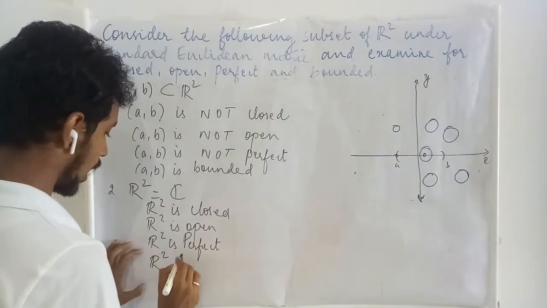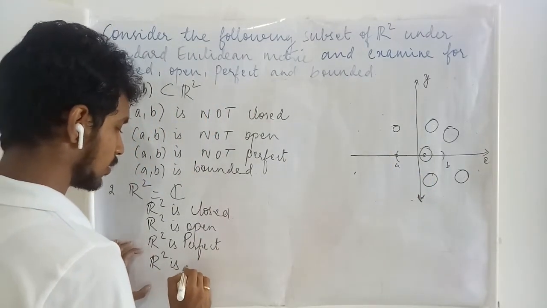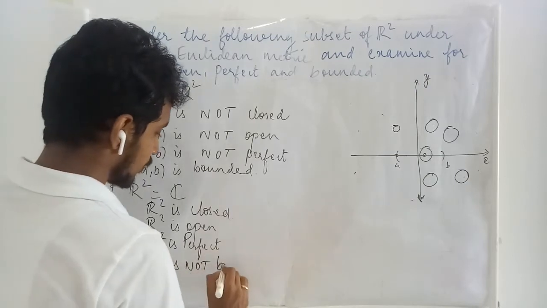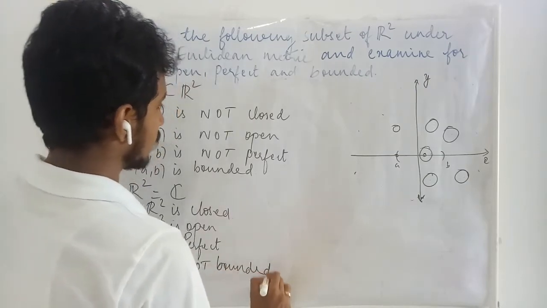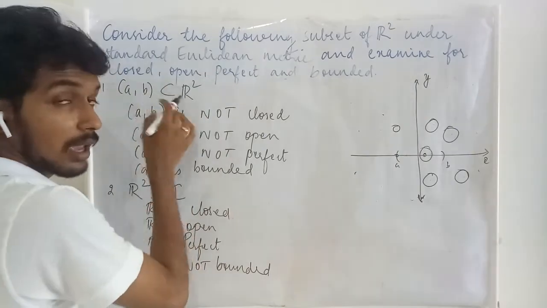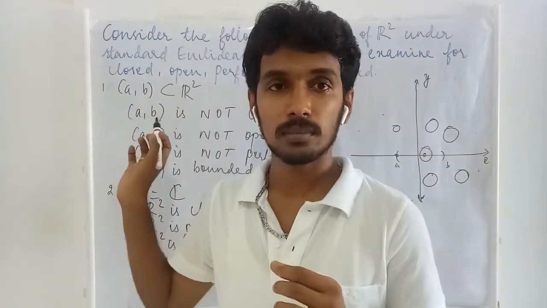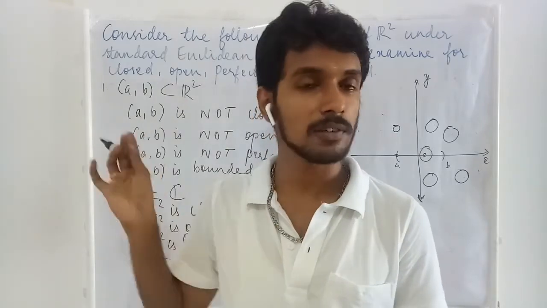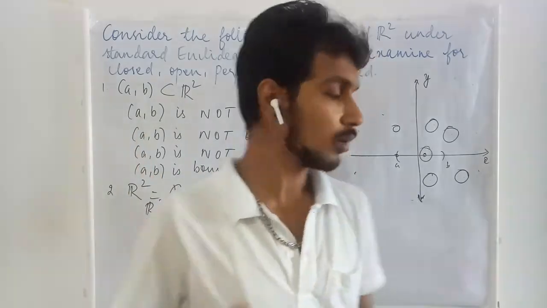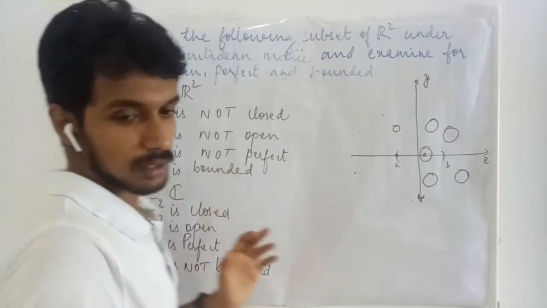So R2 is not bounded. In the earlier case, the segment a b, a and b are known values, and neither of them is infinity.